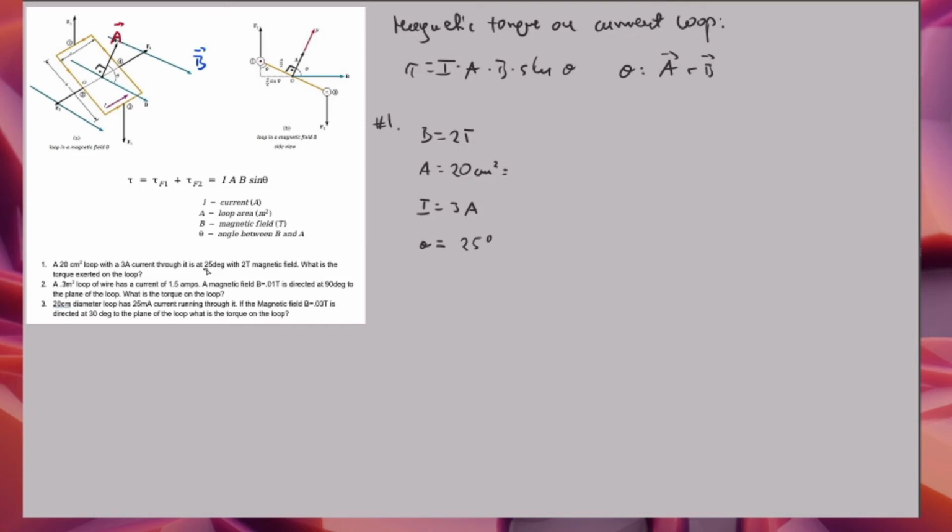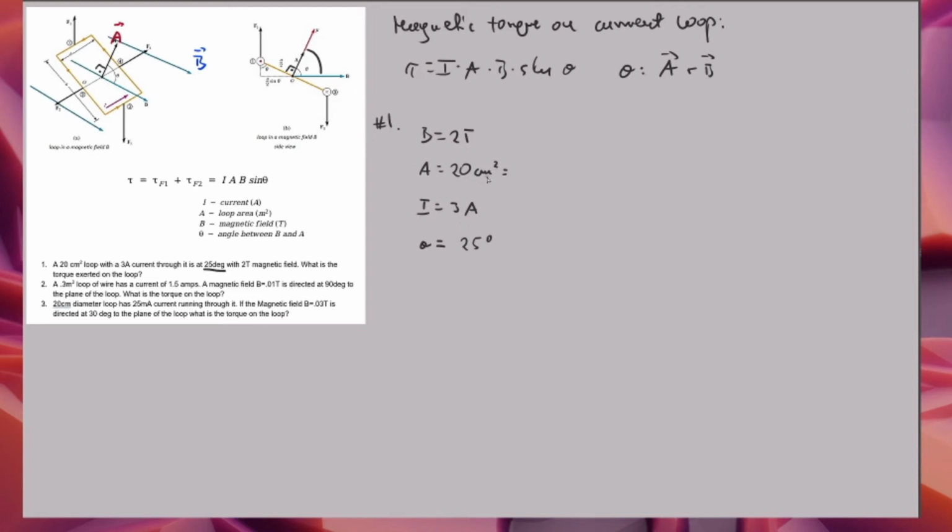So this 25 degrees could mean the actual theta, the angle between A and B. If that's the case, great, we're done. Or it could mean the angle between the magnetic field and the loop itself. But since it's unclear which it is, we'll take the easy way out and say it's the actual theta and move on.